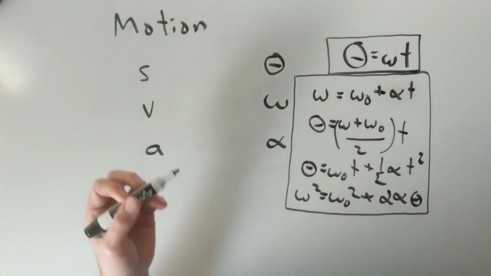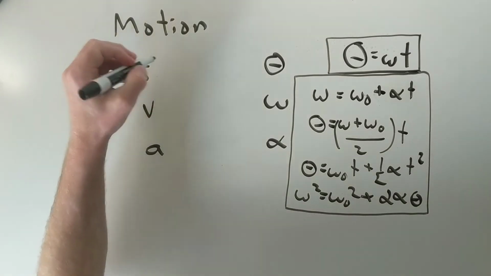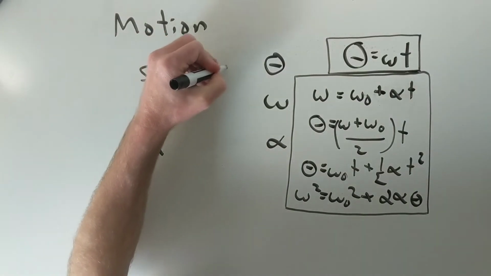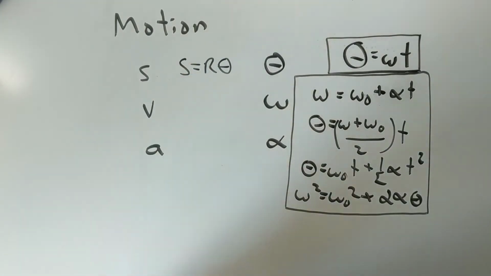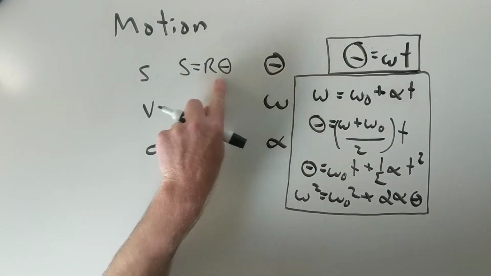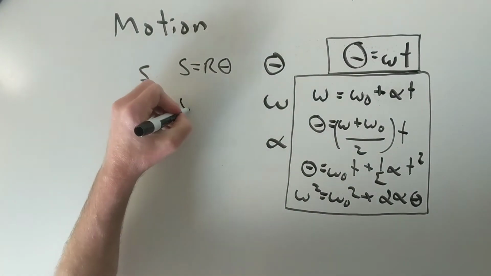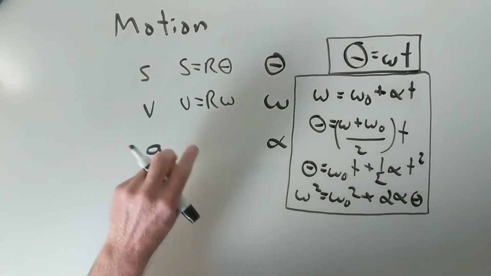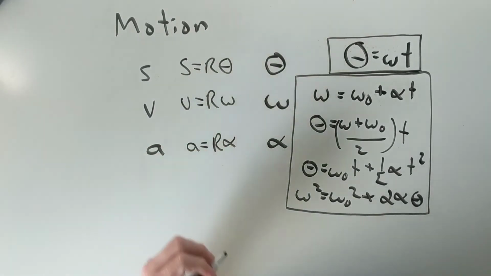Now, how are these linked? Well, these are linked by the radius. If you'd like to find out something on an angular quantity and go to the linear quantity, multiply by the radius. So the base for this is S equals R theta. Then if I move down the row, V equals R omega, and then A equals R alpha.